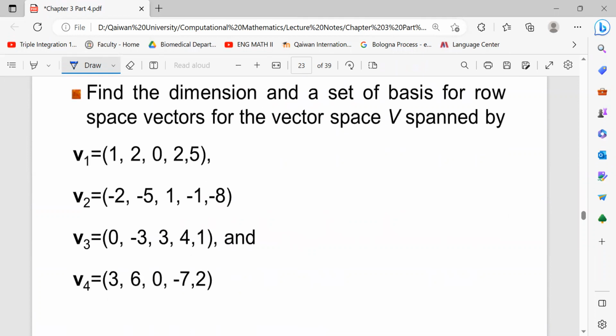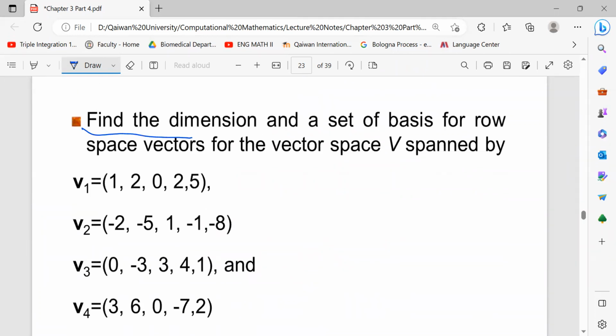Look at this example. It says, find the dimension and a set of bases for the row space of the vector space V spanned by these vectors. It says, find the dimension and basis for V. Here, what we do, we need to first write down these four vectors in a matrix.